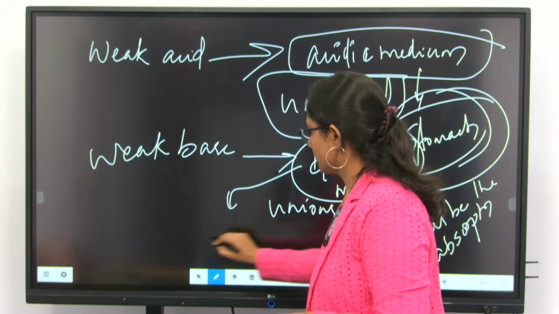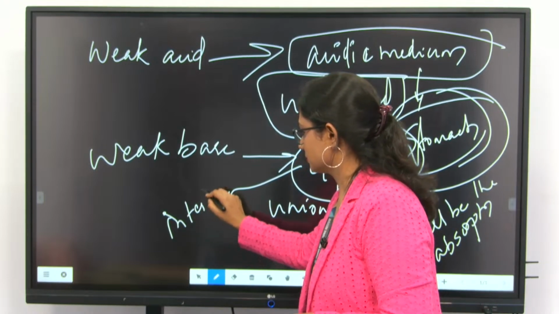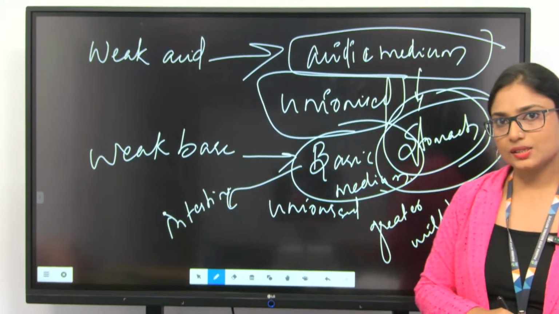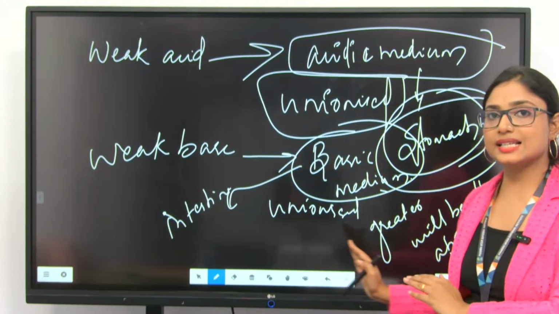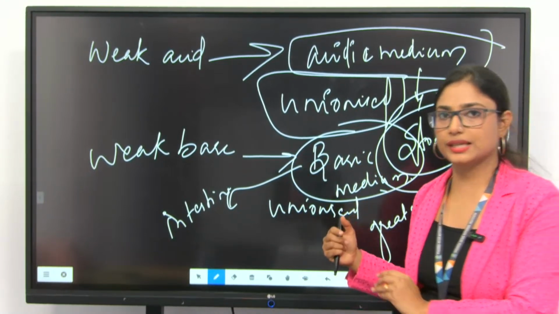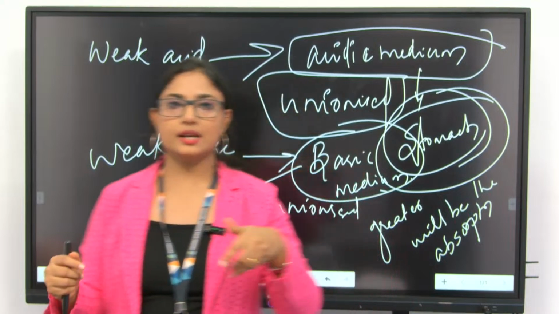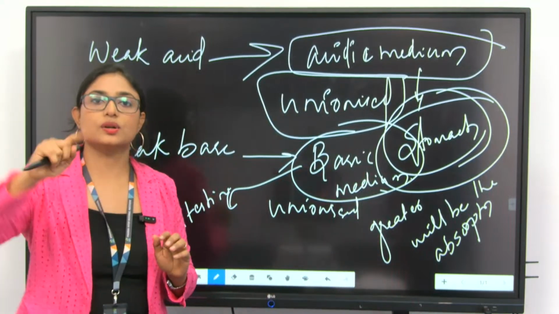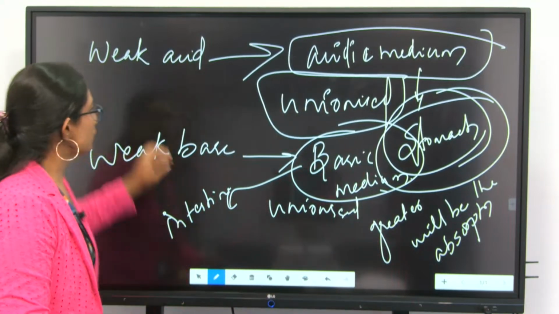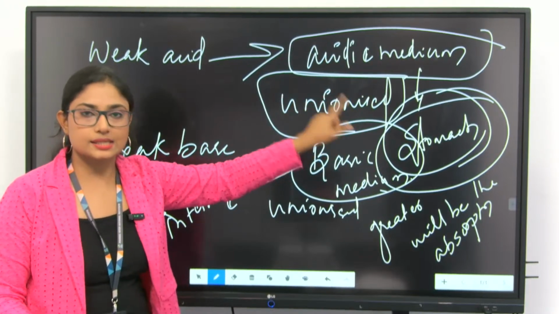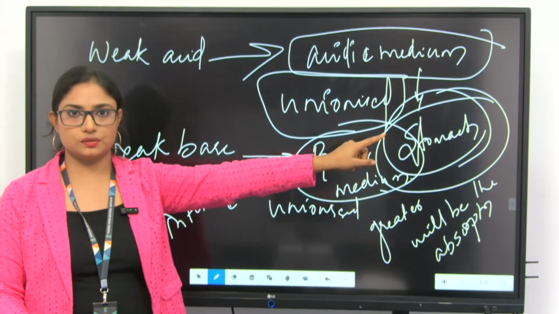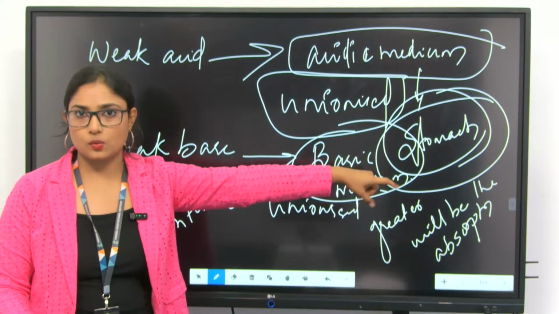It is the intestine. So weak base, when it reaches the basic medium, greater will be the absorption, because base in basic medium will be unionized. Acid in acidic medium remains unionized, greater will be the absorption. Where is the acidic medium? Stomach. Where is the basic medium?